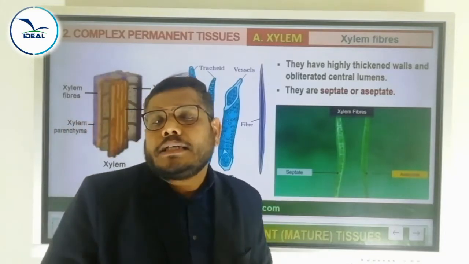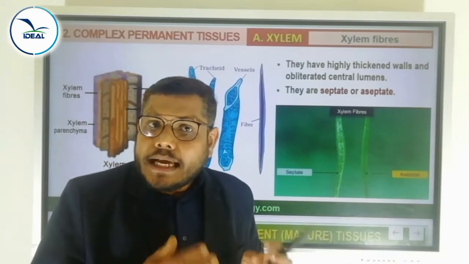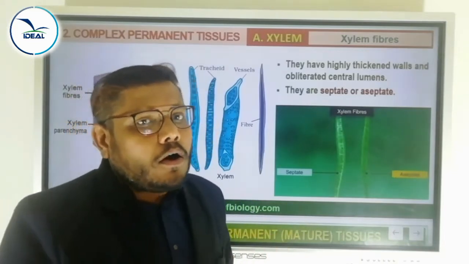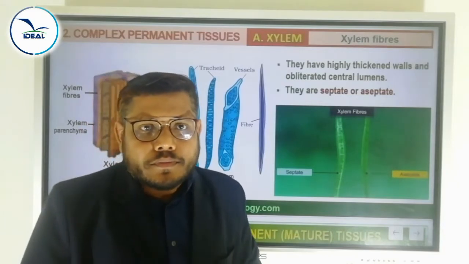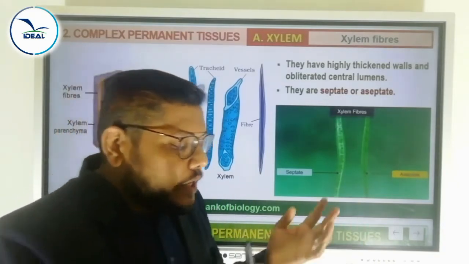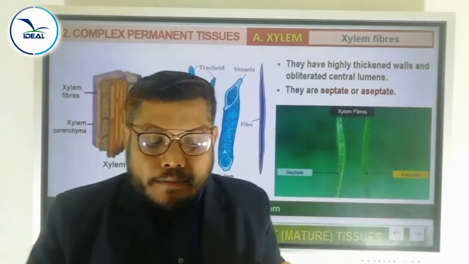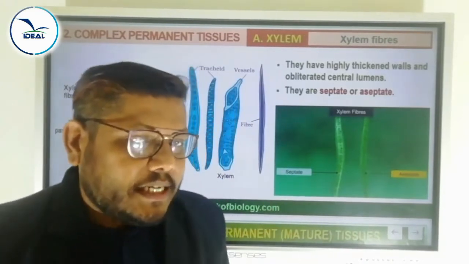The sclerenchyma cells associated with the xylem are called xylem fiber, or wood fiber. Is it clear? These cells are also dead cells. We already learned about xylem fiber, tracheids and vessels. These all are dead cells.